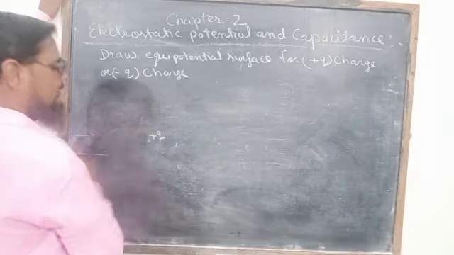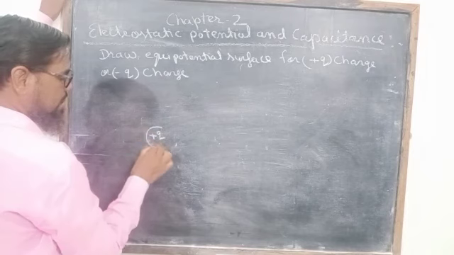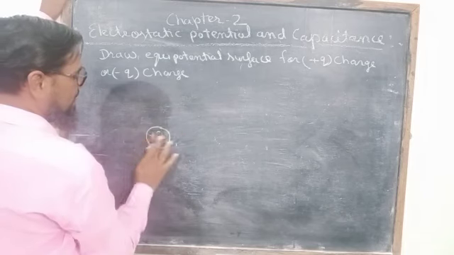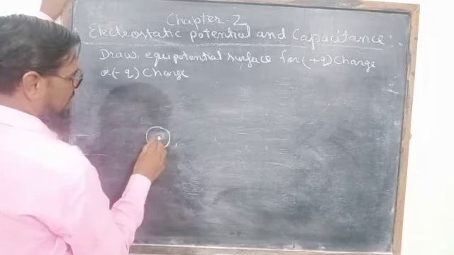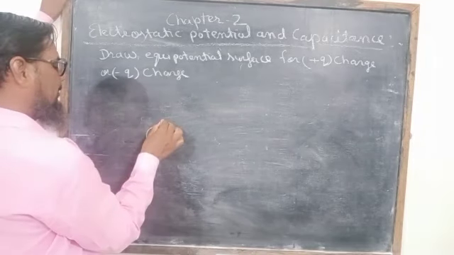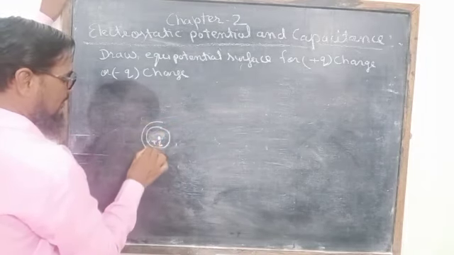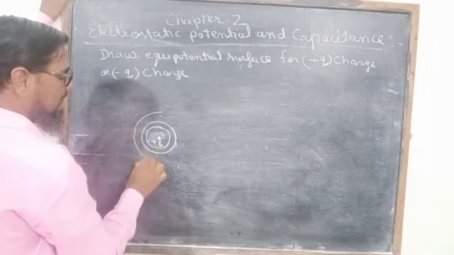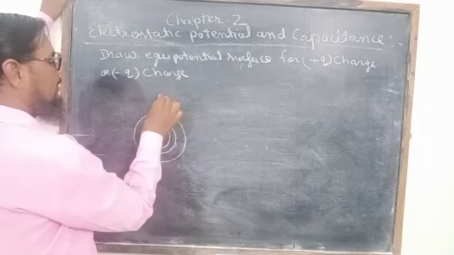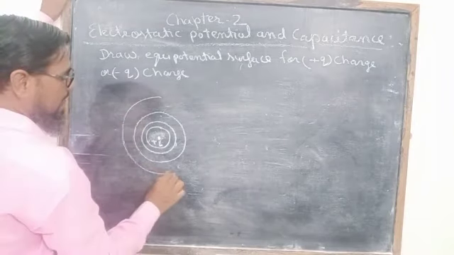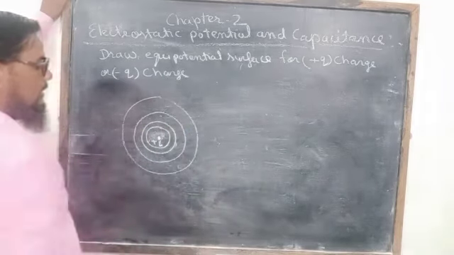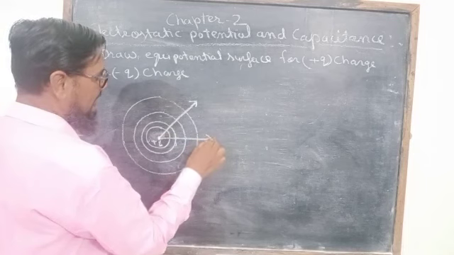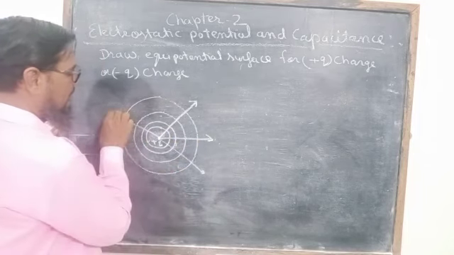For plus Q charge, the equipotential surfaces for a point plus Q charge, this is a point plus Q charge, then equipotential surfaces, as closer to the charge the electric field intensities are greater, the concentric circles are there, and the direction of electric field intensities is outward.